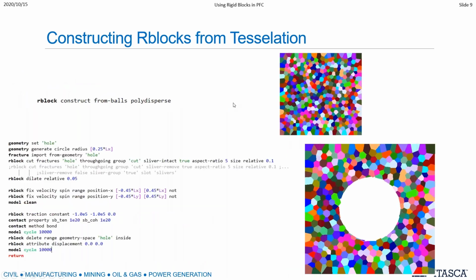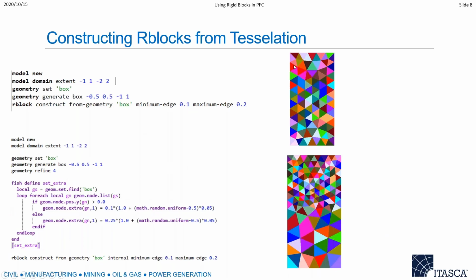You have also the possibility, once you have a geometry set, to have some control on the mesh that is produced. For instance, here I can generate the same box. I refine it a little in order to have more nodes inside the geometry.